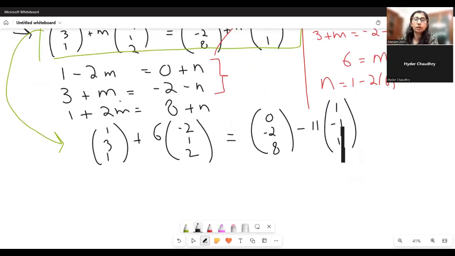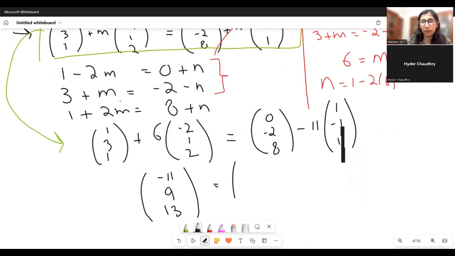So we have minus 11 here. Then we have 9 here. And then we have 12 plus 1, 13 here. And then we have minus 11, 9, and minus 3.